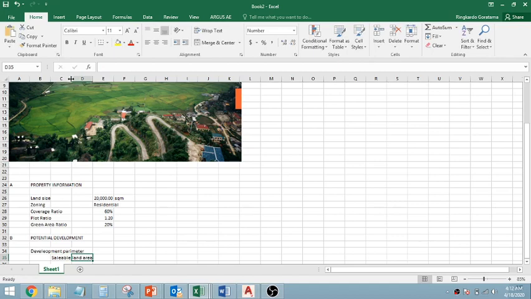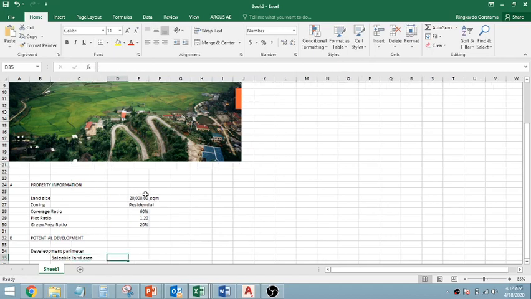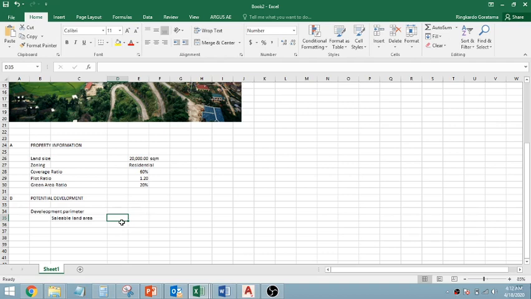Commonly the sellable land area for landed house is around 60% of the total gross land size. Can be 40%, can be 60%. It depends on regulation, so we need to check what is according to the city planning.